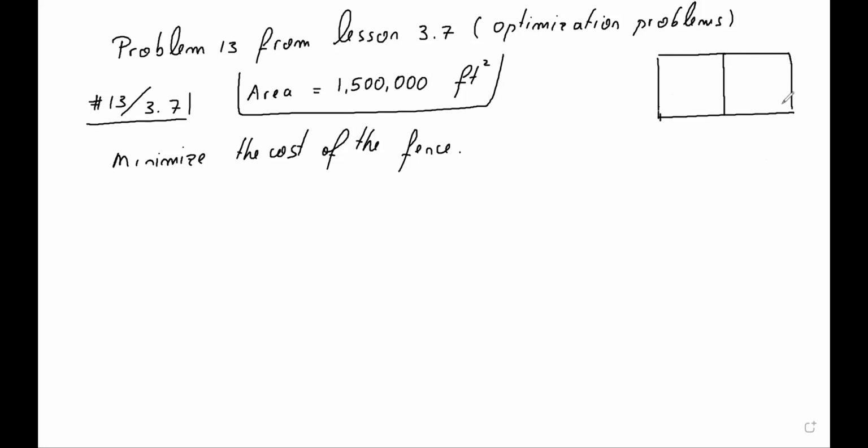So the cost of a fence is really proportional to the length that he uses here, and that in mathematical terms. So what he wants to minimize is, yes, the cost of the fence, but equivalently he wants to minimize the length of the fence.